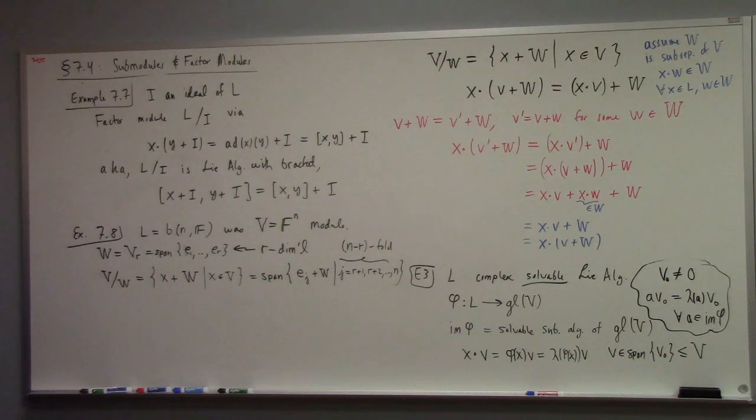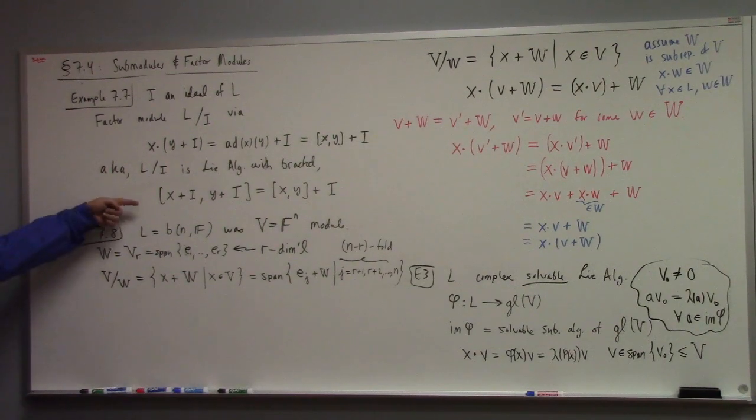So the natural question to ask here is, what is the factor module action on the quotient space? How do we understand it in terms of a calculational basis? In the previous example, we saw that the factor module action is literally given by this formula here.